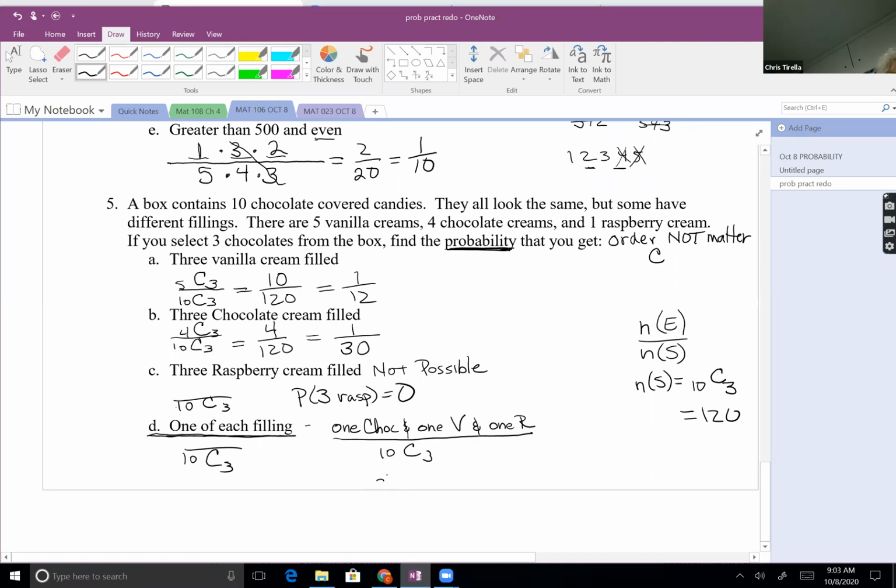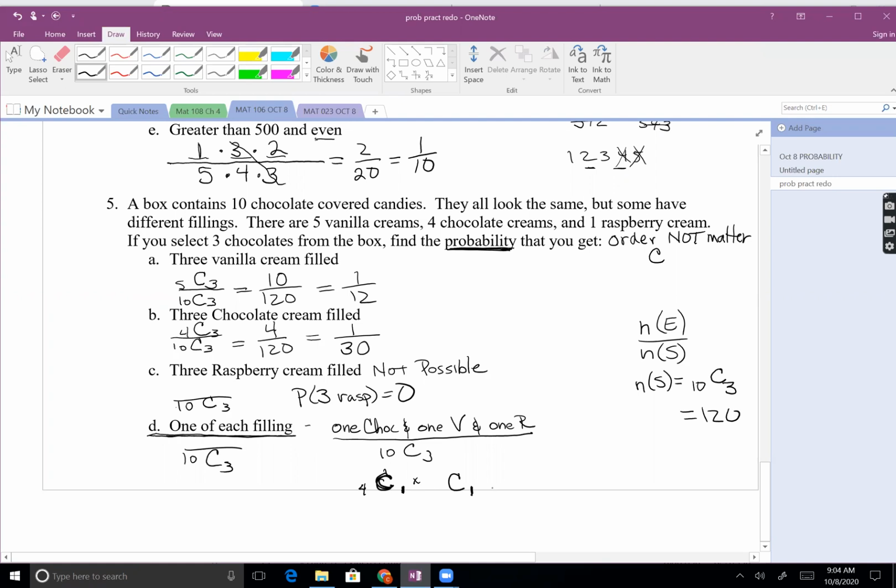I like the combinations. For the chocolates, I want one. How many are there to pick from for the chocolate filled? Four. And means multiply. Thank you, whoever said counting principle before. I want one vanilla. How many vanillas are there to pick from? Five.